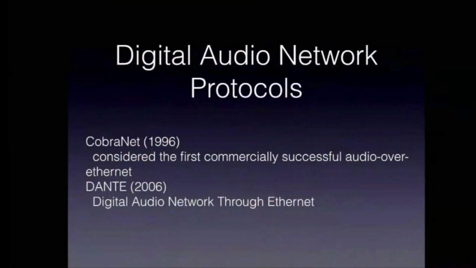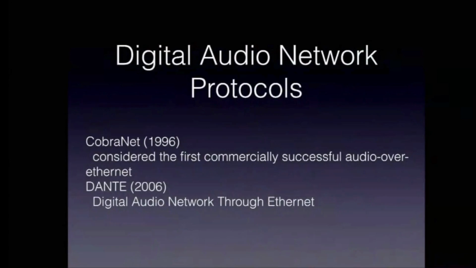You do have to decide, if you're doing a digital audio network, what protocol you're going to use. These are not the only two. CobraNet was the first. Dante right now seems to be the most popular. There's another which is more of a protocol.